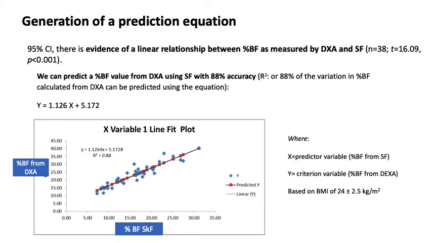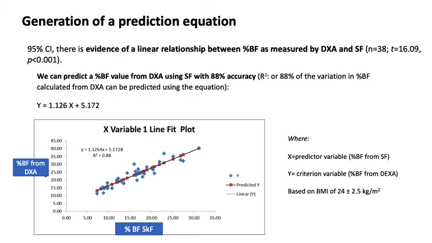So from the results of the study, we are able to generate a prediction equation, which has a 95% confidence interval. So we showed that there's evidence of a linear relationship between percent body fat measured by DEXA and SkinFold. Essentially, we had an R-squared coefficient of determination of 88%, or 0.88.